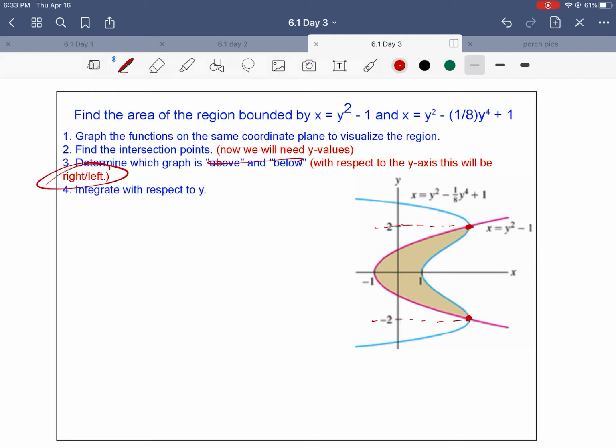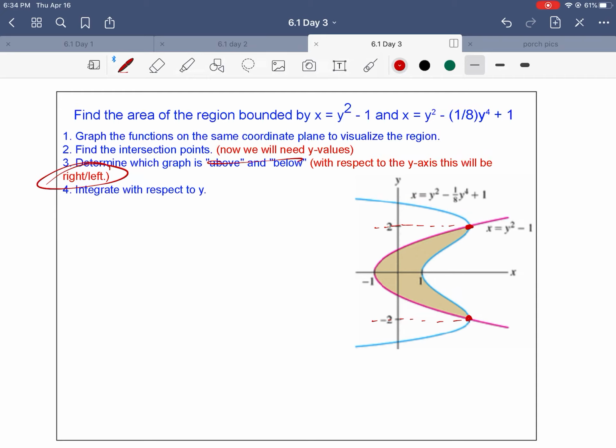Maybe you're looking at it like, what if I didn't know? What if it wasn't labeled so well? How would I know which one is the y squared minus 1 and which one is the y squared minus 1/8 y to the 4th? Well, right there, that 4th power should indicate to us, if we're looking at, it's really like a sideways polynomial, I have more turning points. The x equals y squared minus 1, that's basically a parabola. So that one is the pink, the y to the 4th one is the blue.